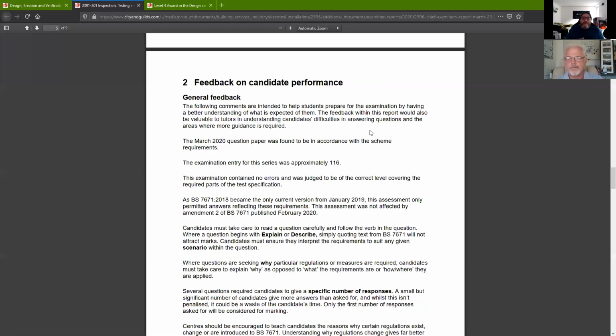So every company should technically have pointed you to these documents at the beginning of your journey to prepare you for this exam. It says 116 went in for this exam. And this is the interesting bit.